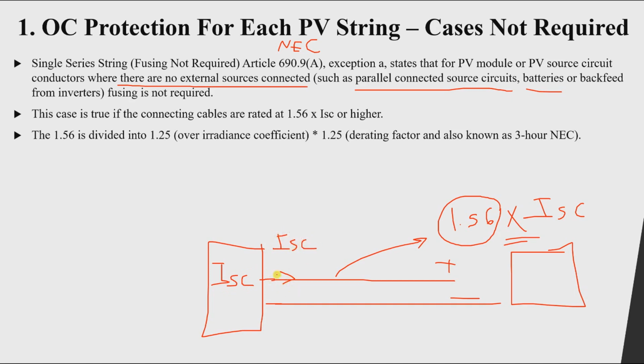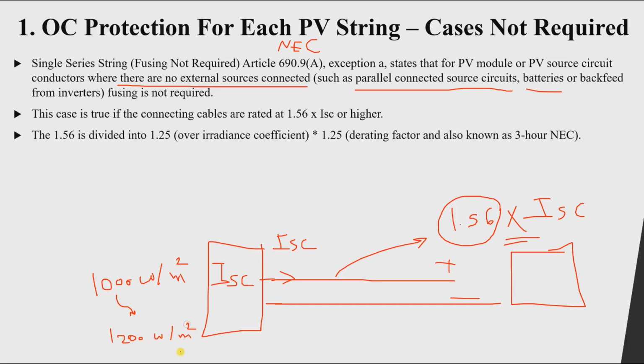Now you have to understand that the I short circuit on the panel is at a condition of irradiance 1000 watt per meter square. Now let's say, for example, at any time of the day, let's say at noon, the 1000 watt per meter square goes to 1200 watt per meter square.